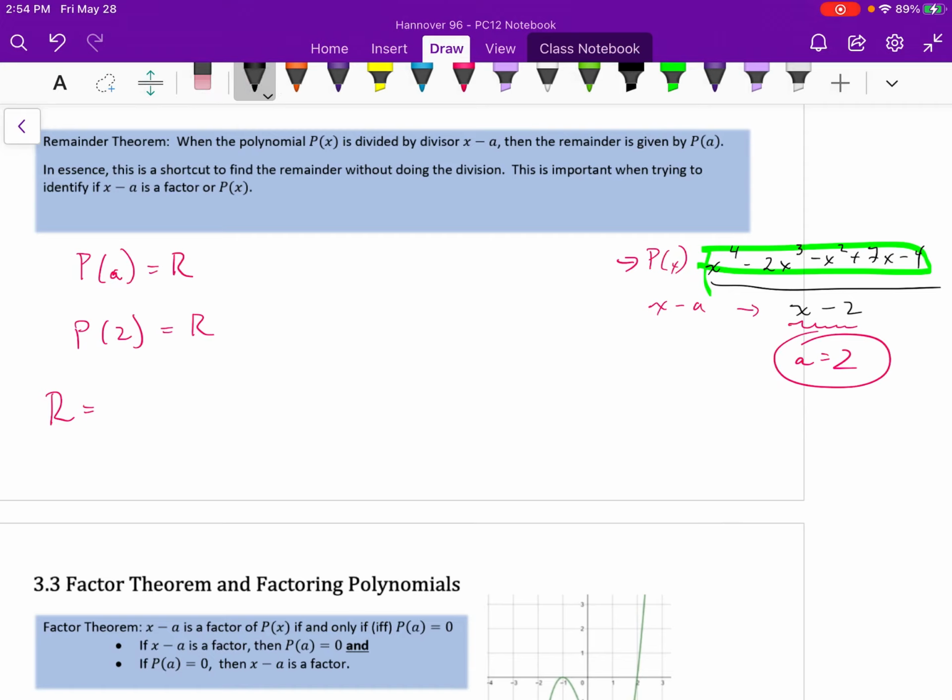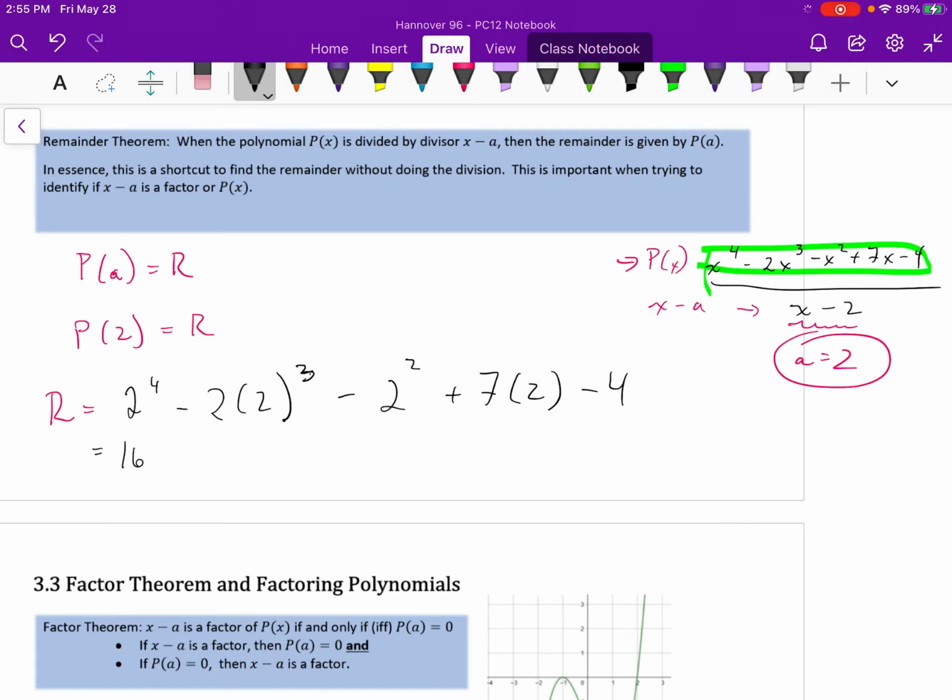So my remainder is, well, it was x to the power of 4, but I'm going to plug in 2 for x. So it's 2 to the power of 4 minus 2 to the power of 2 cubed minus 2 squared plus 7 times 2 minus 4.